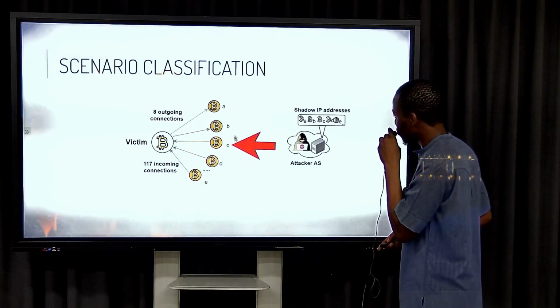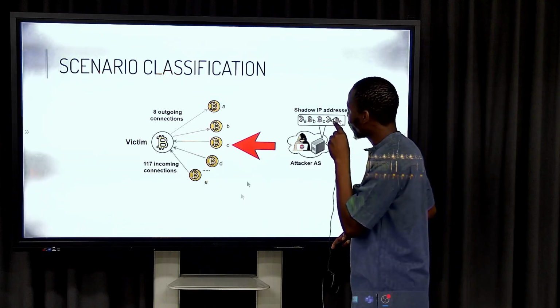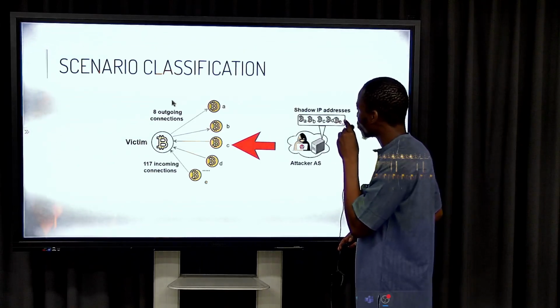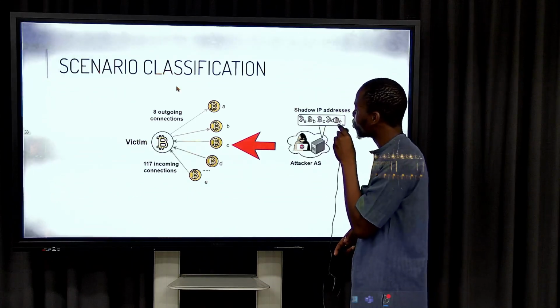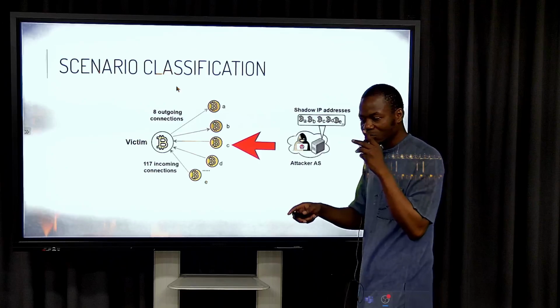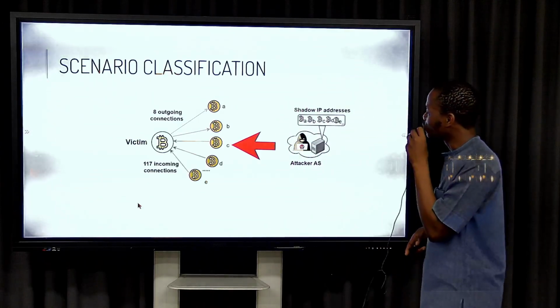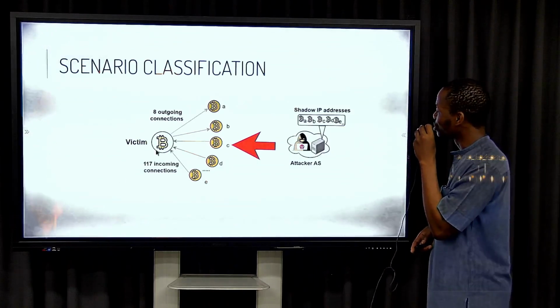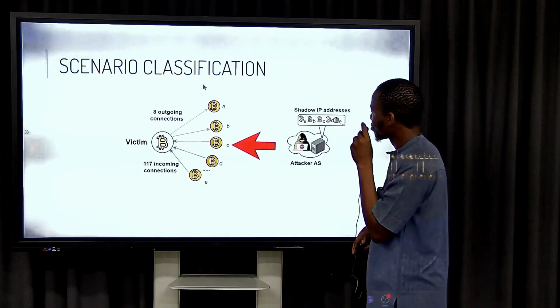If you look at this scenario, a particular node has 117 incoming connections and 8 outgoing connections. If you add 117 plus 8, that would be 125. So the maximum number of connections is 0 to 125, which is like 126.